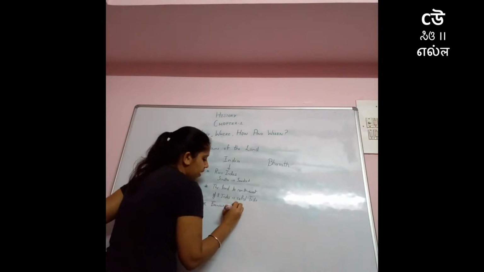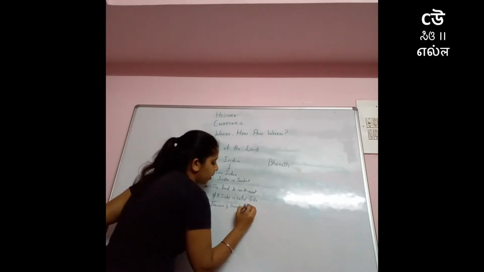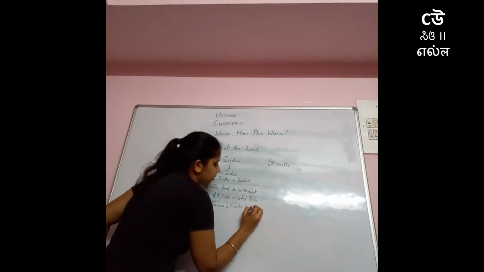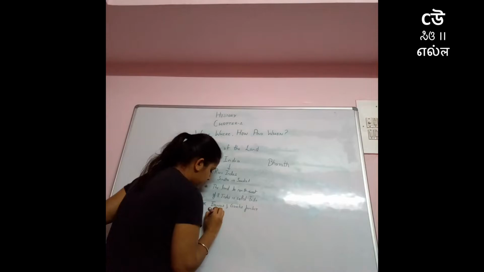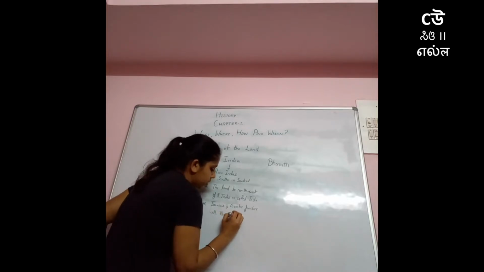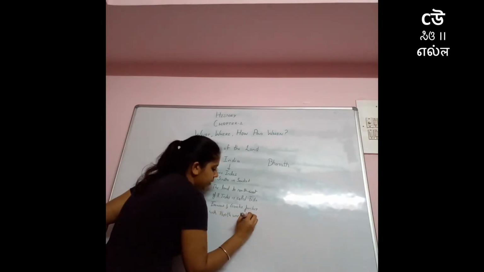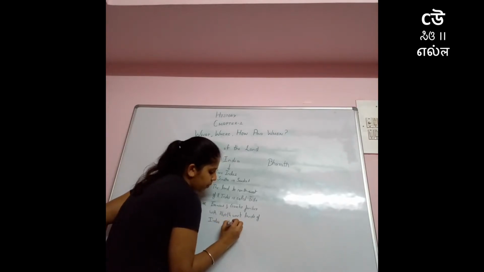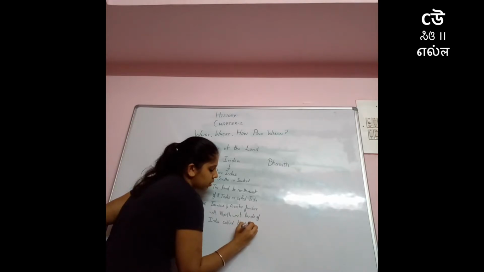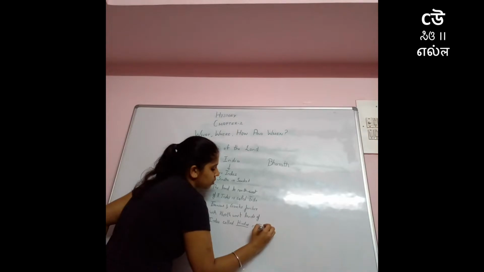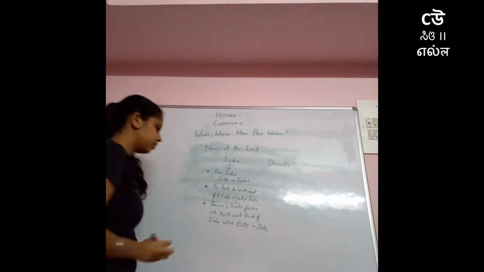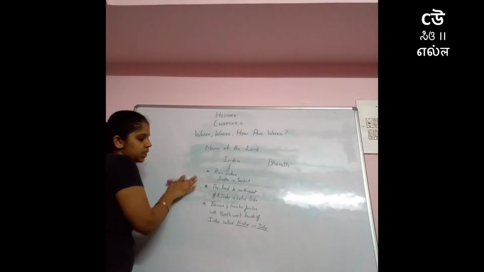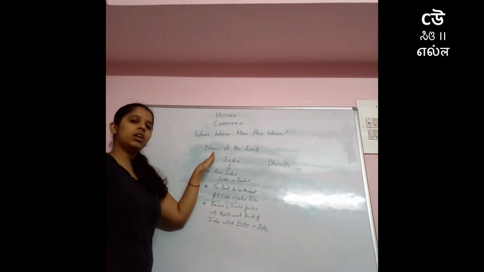Iranians and Greeks familiar with the northwest lands of Indus called it Hindos or Indos. Okay. So these are the three reasons why India is called India.